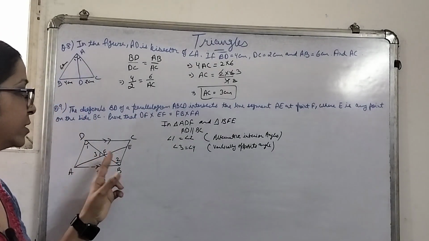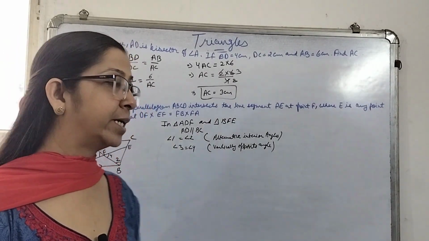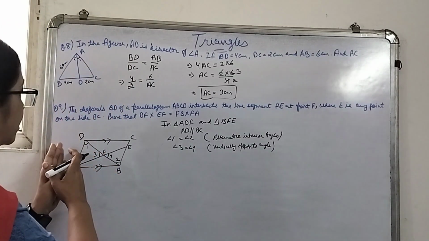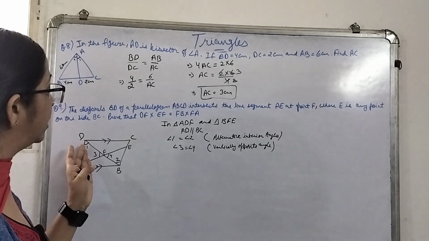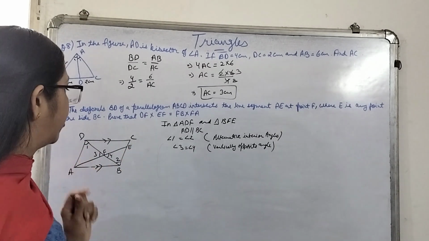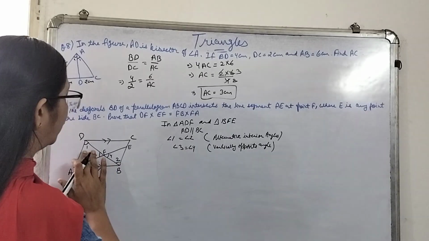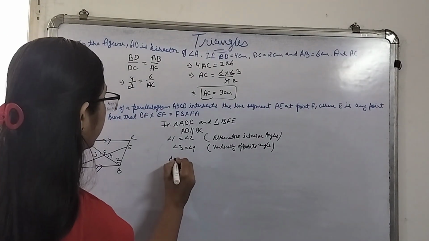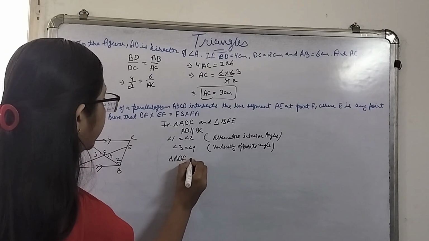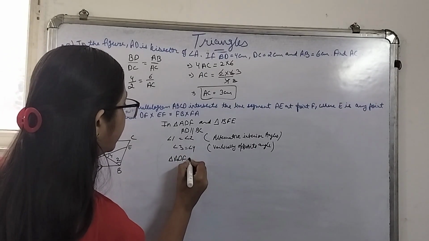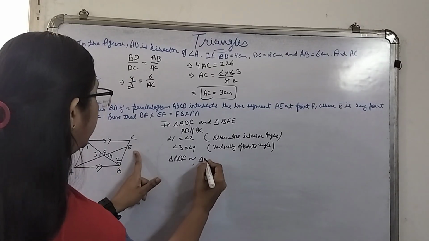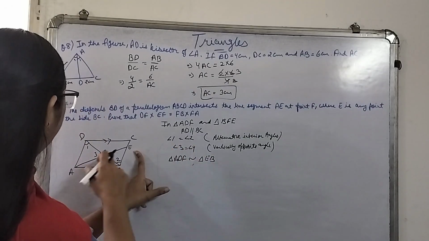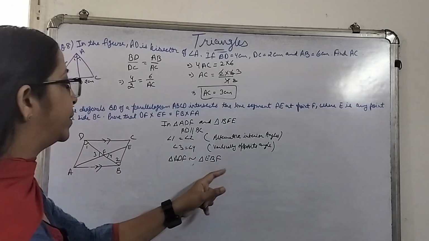And if in two triangles two angles are equal, we can say that by AA similarity, the two triangles will be similar. Now, which vertex of this triangle corresponds to which vertex of the other triangle, that we will decide, because these two angles of the triangles are equal. So we can say that triangle ADF is similar to triangle EBF.